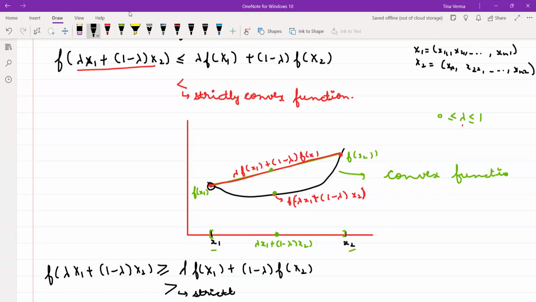The concave function is just the reverse, the figure will be like this, so whatever tangents you draw, they will always be above the curve.